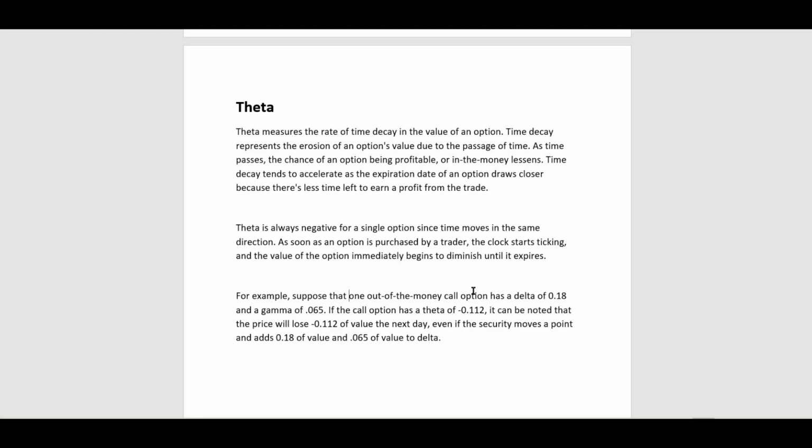So the price will lose 0.112 or $11.20 of value the following day, no matter what. That is, even if the share price jumps $5 and those premiums are going to go up a lot because of delta and gamma, but they're also going to get offset by the amount that's in your theta.